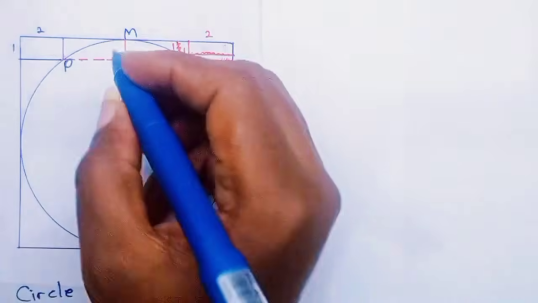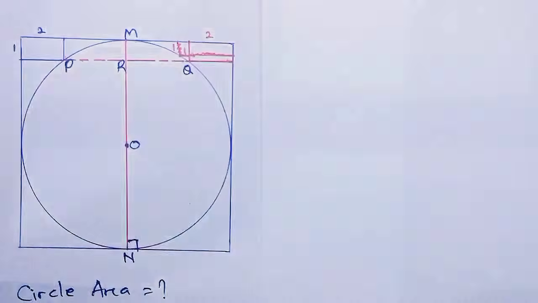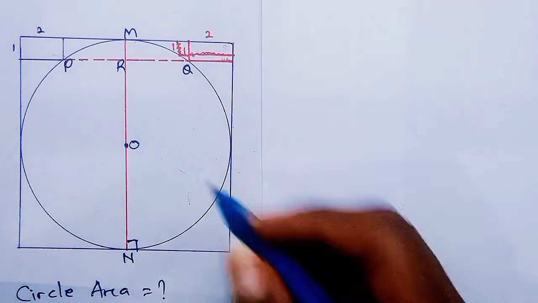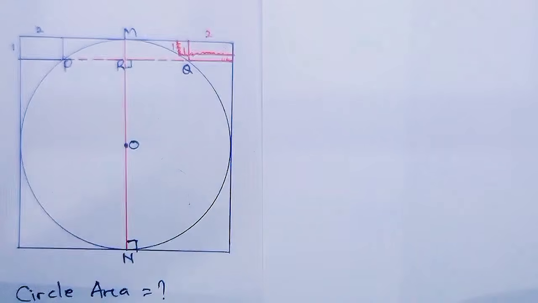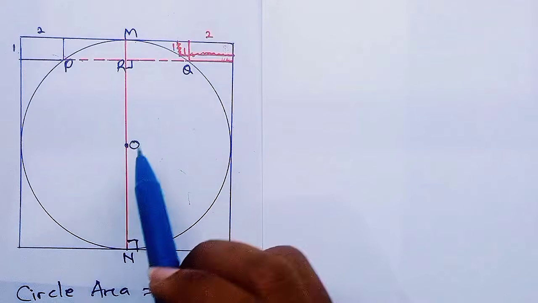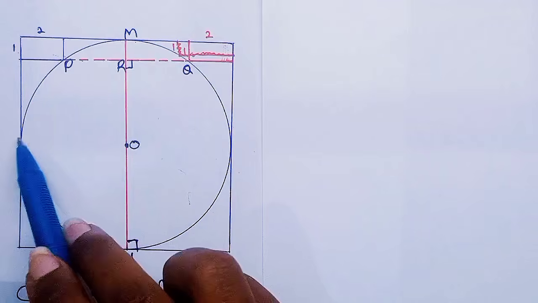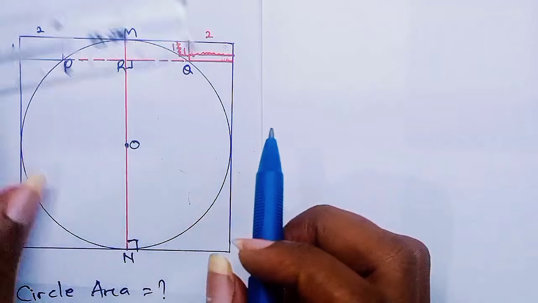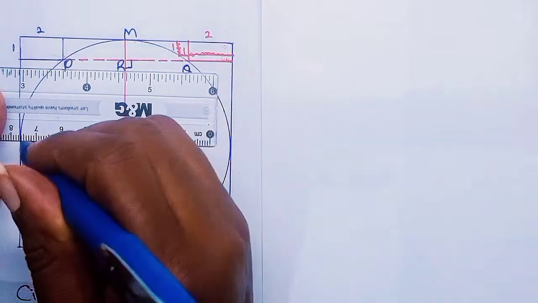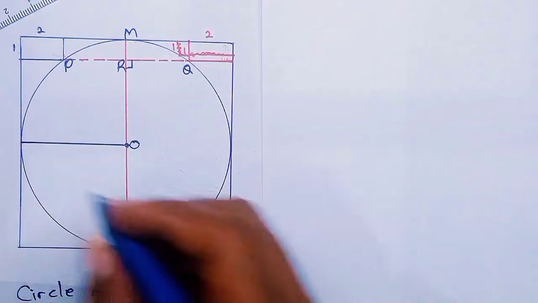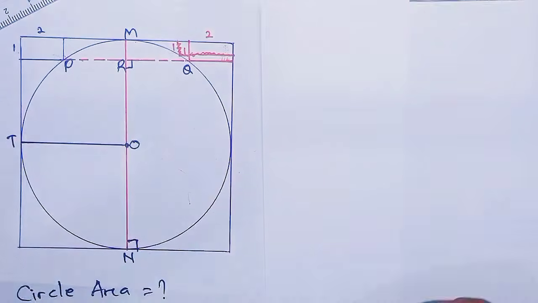And let me call this point of intersection R. So at the point where they intersect, this is 90 degrees. Now let's draw a horizontal line from point O to this point of tangency. So let me call this point T.